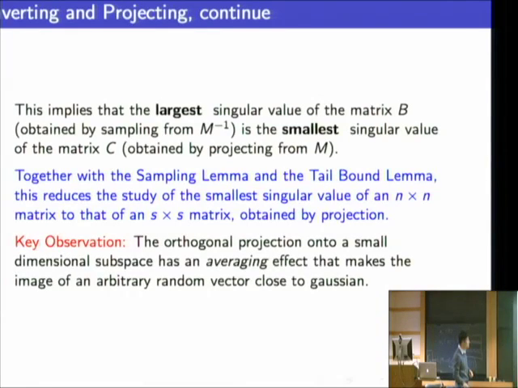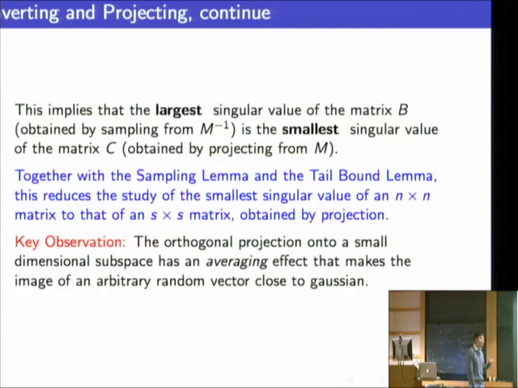And here's a key observation. If you take the orthogonal projection onto a small dimensional subspace, then the image of this projection will be close to Gaussian, no matter what kind of randomness you have originally.